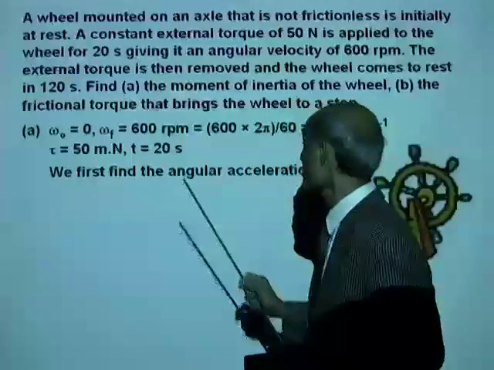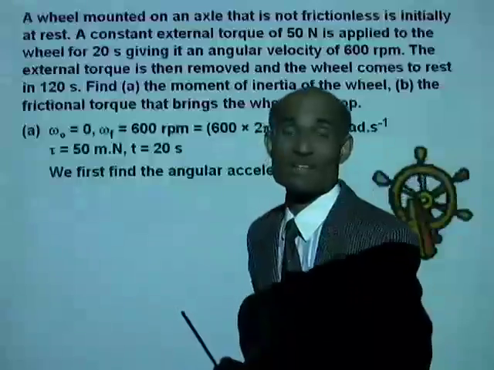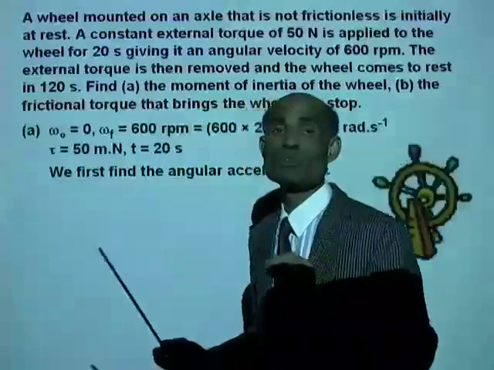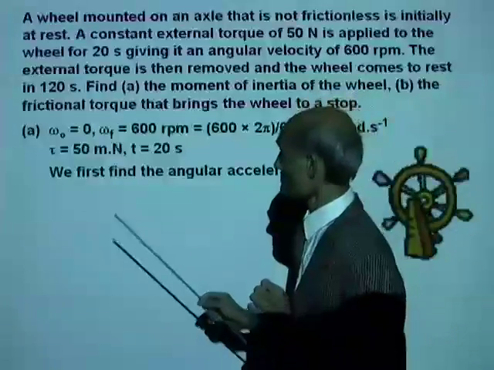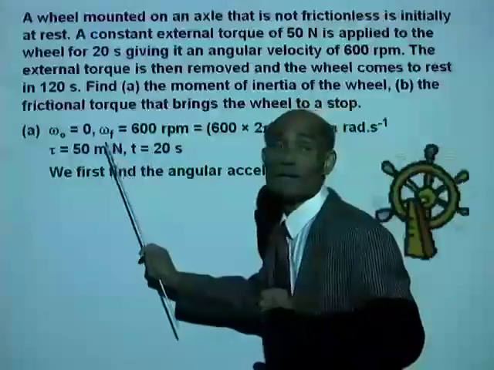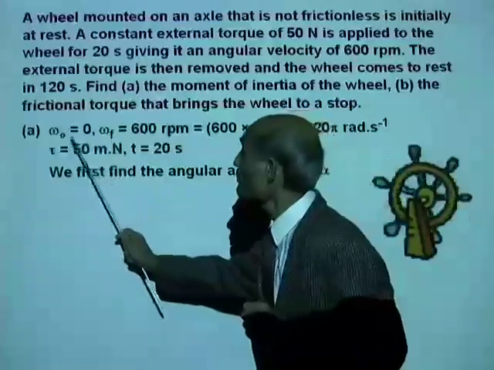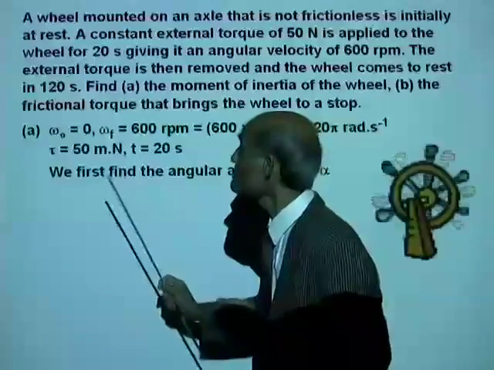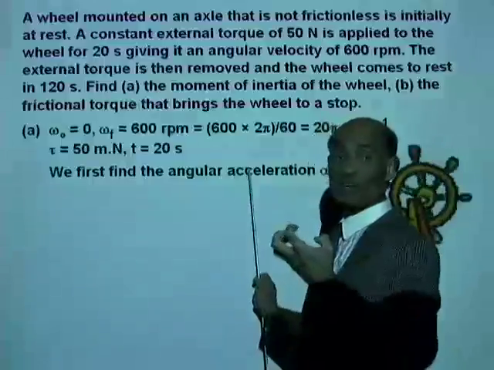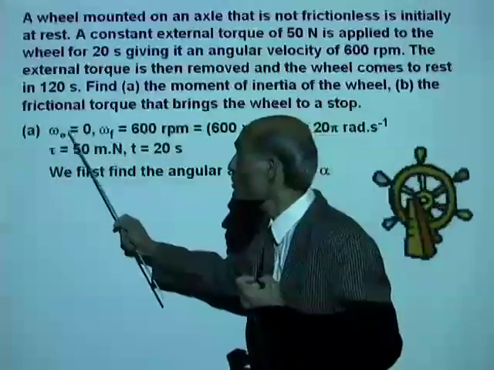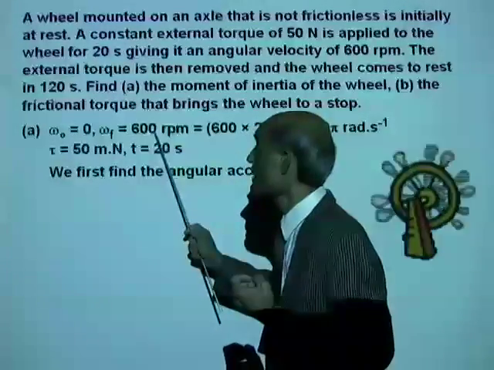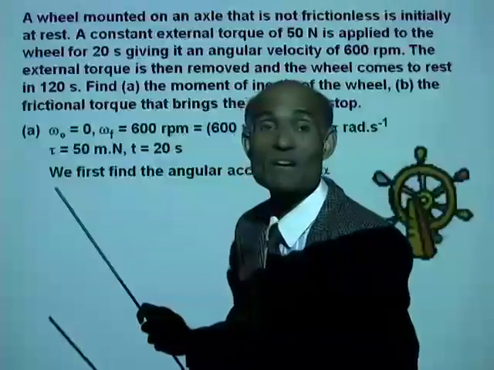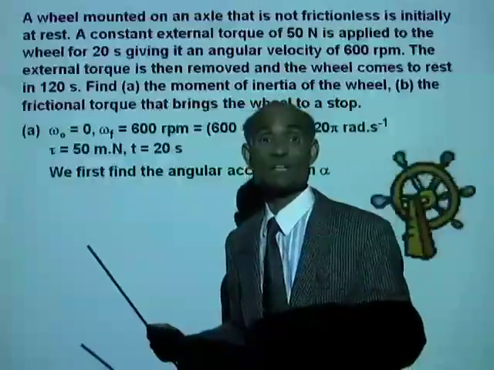Well, we first find the angular acceleration. Tell me, what will be the equation we will use to find the angular velocity? We know the initial angular velocity, the final angular velocity, and the time, and that's enough for us to find the angular acceleration.